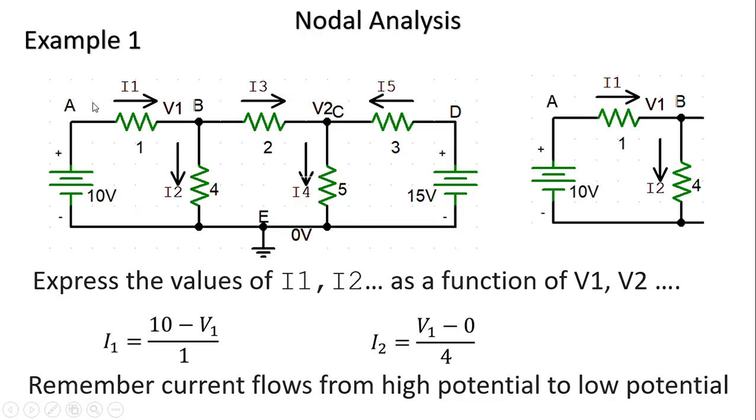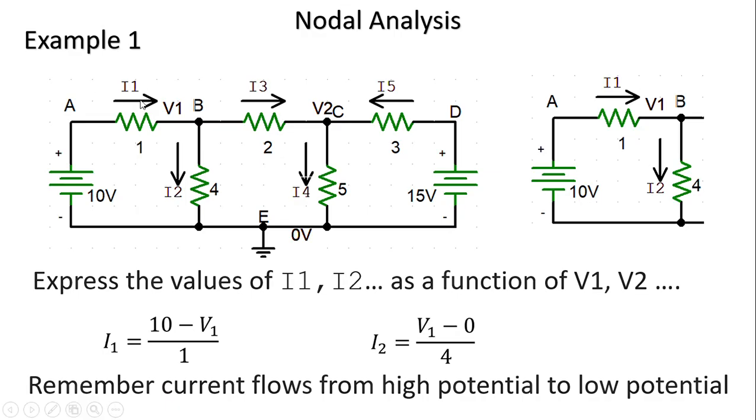If the direction of the current is like this, the potential at A is high and the potential at B is low. So this side the potential is 10 volts. The other side of the resistor we don't know, so we assumed it as V1. So I1 is equal to (10 minus V1) by 1. That is the current expression.